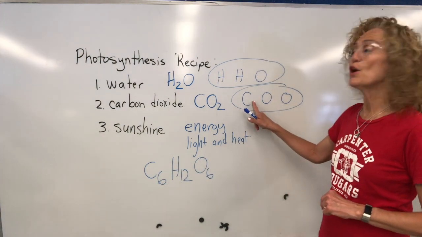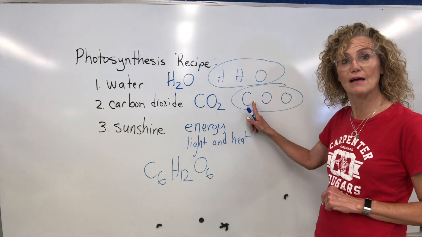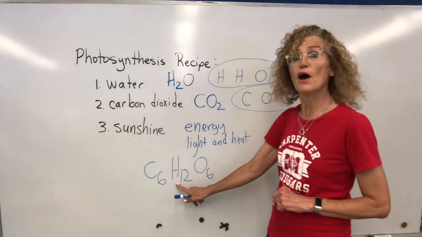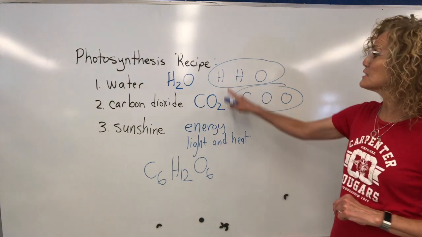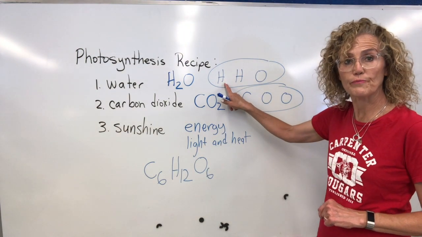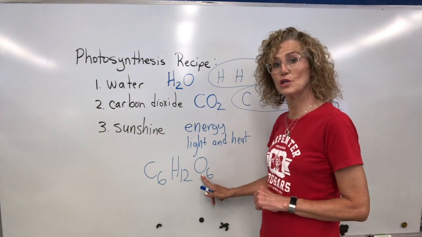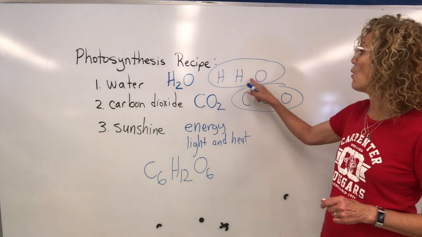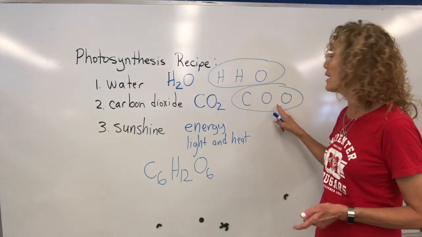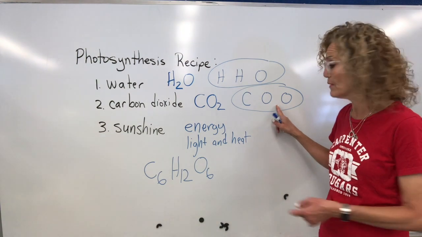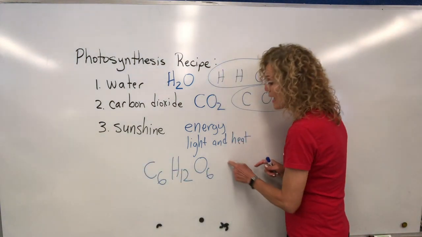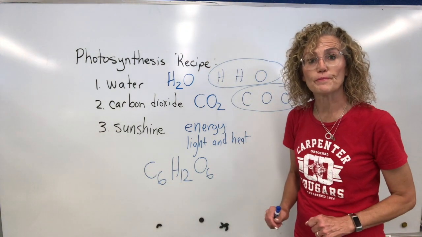Yes, it's part of carbon dioxide. Do we have hydrogen? Yes, it's part of water. Do we have oxygen? Yes, it's part of water and part of carbon dioxide. This is one molecule of sugar.